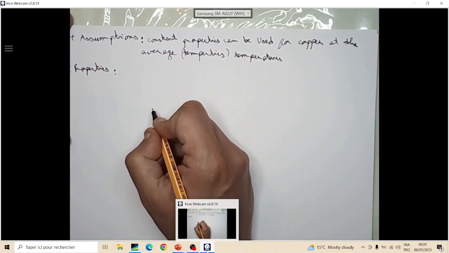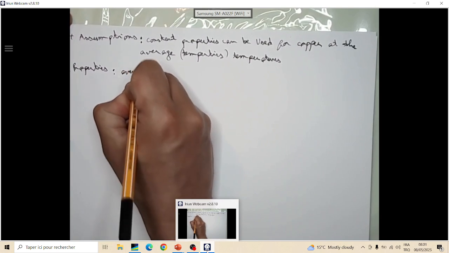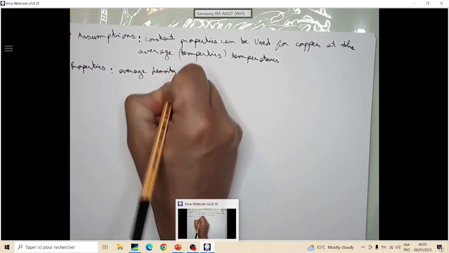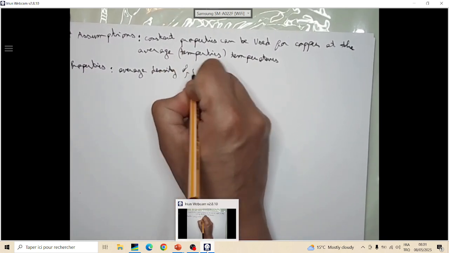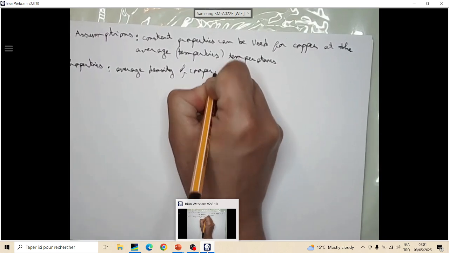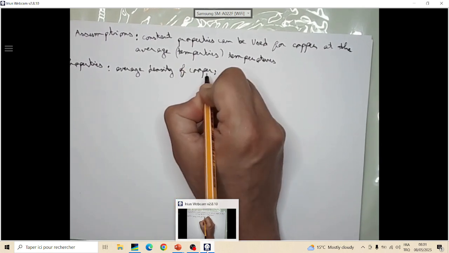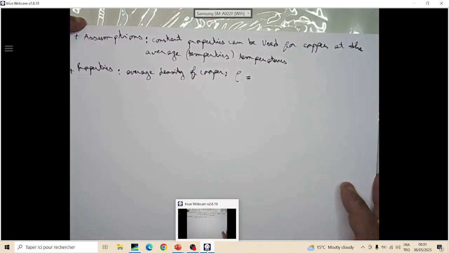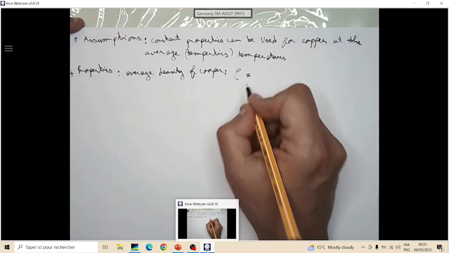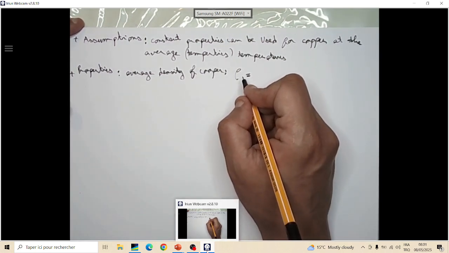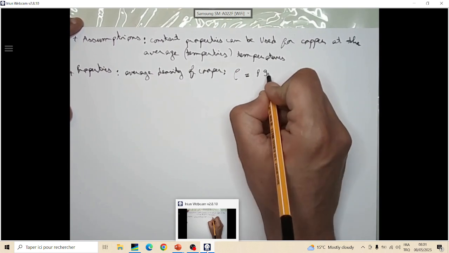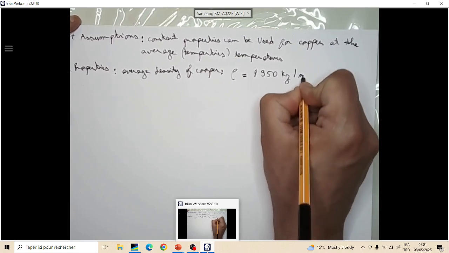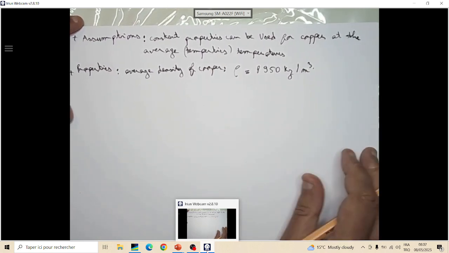The average density of copper, rho, is equal to 8,950 kilogram per cubic meter, at the average temperature.